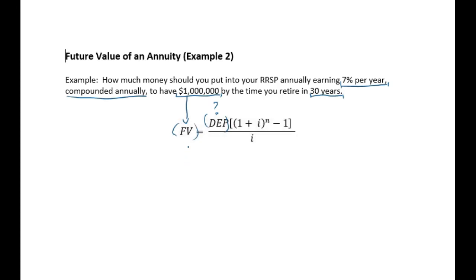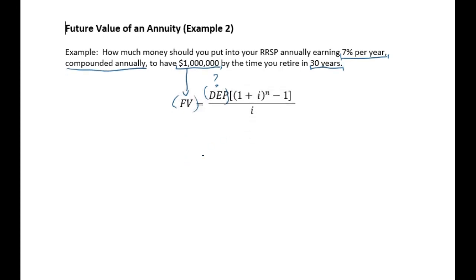So we're going to have to readjust the formula a little bit in order to actually do this calculation. So let's do a little bit of manipulation. I is divided on this side, so it becomes a multiply. So I multiplied by future value is equal to our deposit multiplied by (1 plus I)^n minus 1.